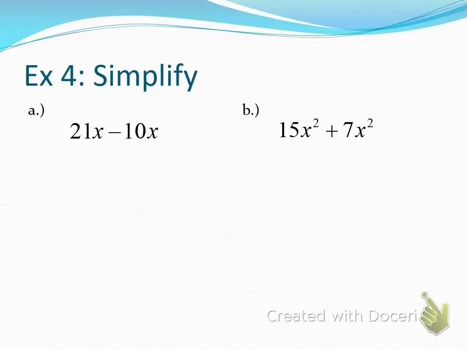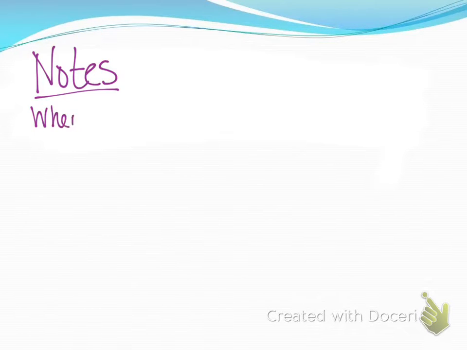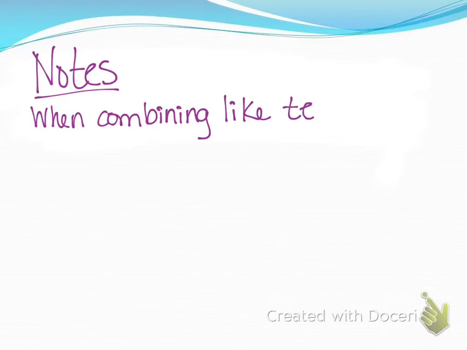All right, on these we are asked to simplify. So before we start simplifying, here's something I want you to know. When combining like terms, we only combine the coefficients.